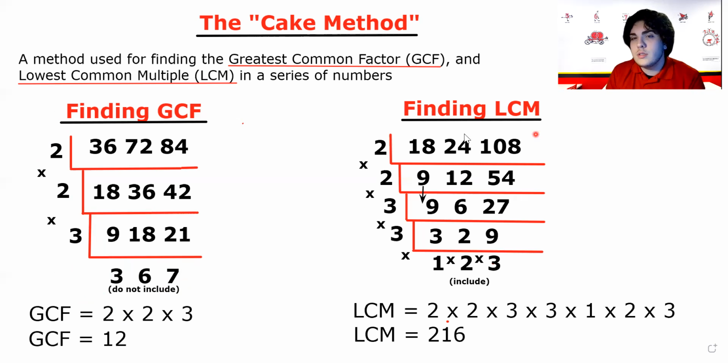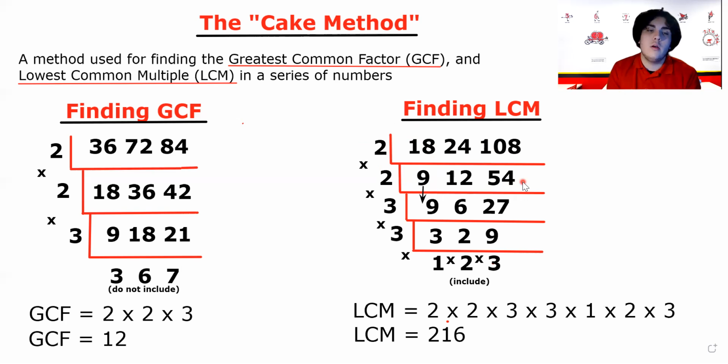Now when I'm finding lowest common multiple, it's a very similar start. Let's find the lowest common multiple between 18, 24, and 108. Once again, these are all even numbers, so I can take a 2 and put it on the outside there, and then take half of each of the numbers. Half of 18 is 9, half of 24 is 12, half of 108 is 54.